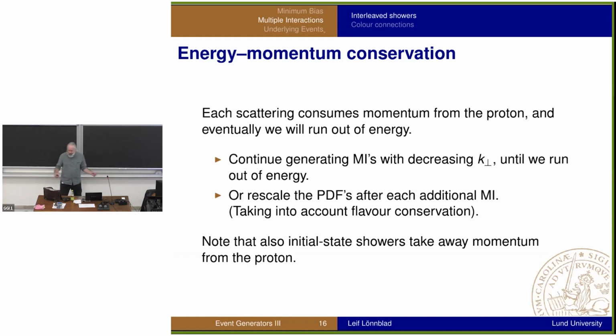What happens when we have the soft things that actually take quite a lot of energy out of the proton in the end? That means these multiple scatterings are not independent, because if we take out momentum, there will be less momentum for another one. So we do not have complete independence of these things.